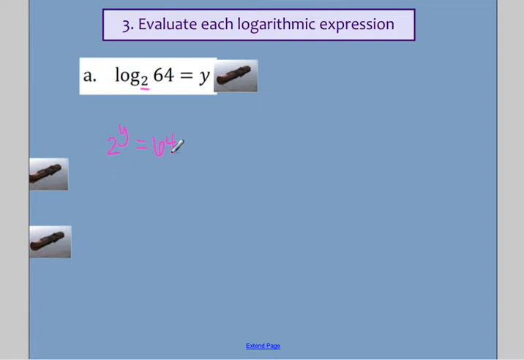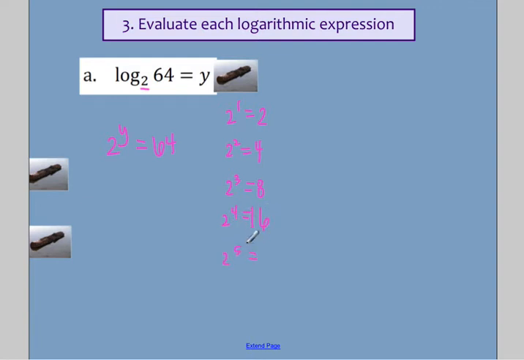We know that 2 to the first is 2, so we know y is not 1. 2 to the second is 4. 2 to the third is 8. 2 to the fourth is 16, and then I would try 2 to the fifth.